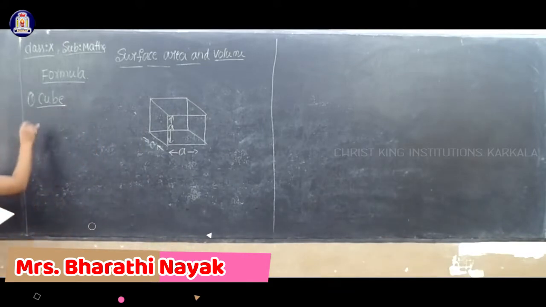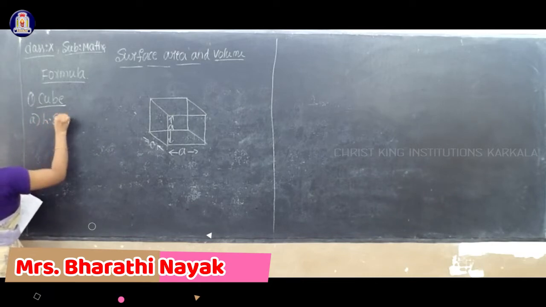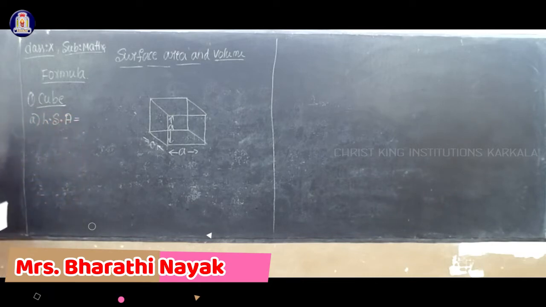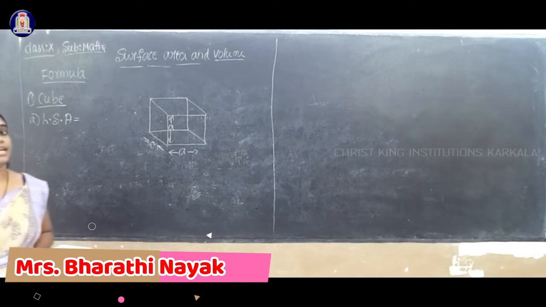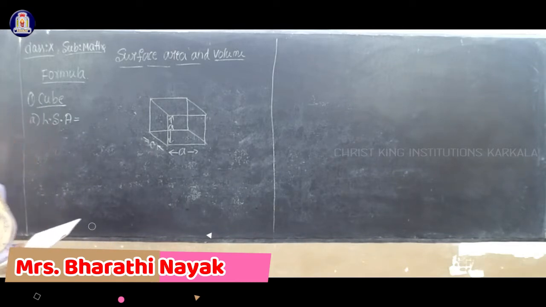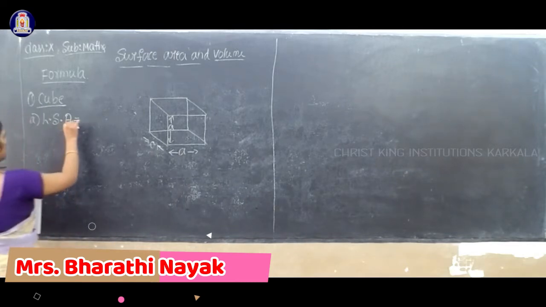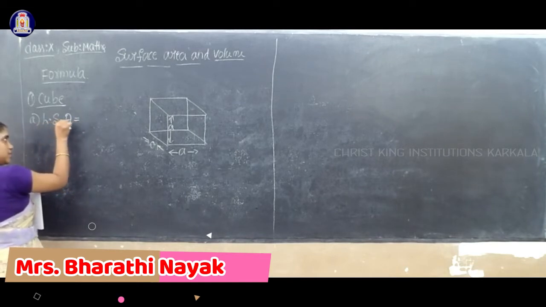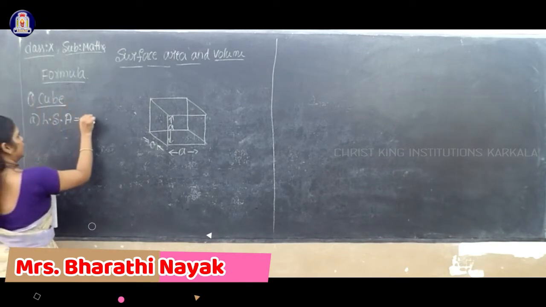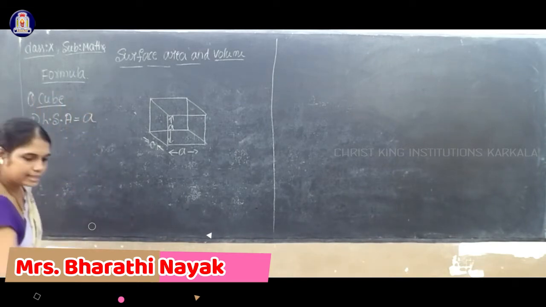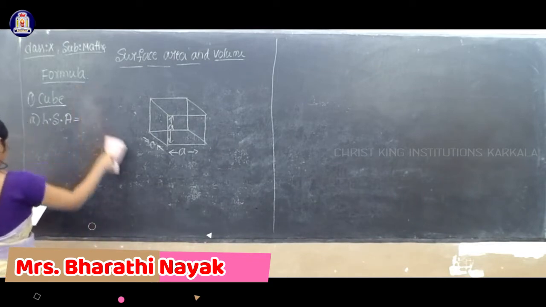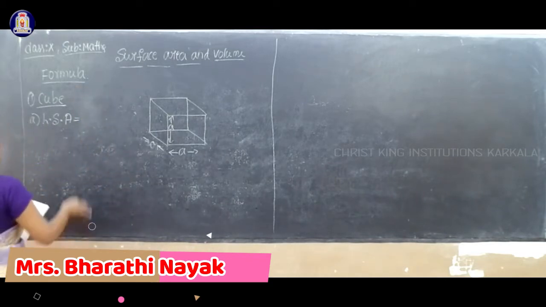So first one, LSA, lateral surface area. What is the formula to find the lateral surface area of a cube? Lateral surface area is given by 4a square.